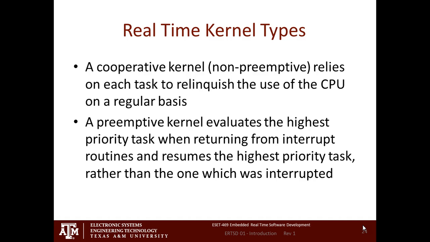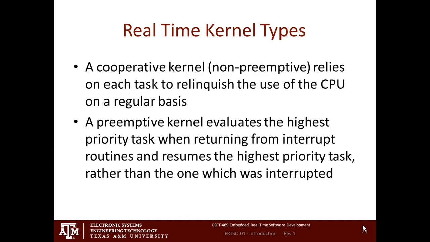What's harder to do is to write what's called a preemptive kernel. A preemptive kernel has something called a heartbeat, or SysTick in the case of the TI-RTOS, they call it. You set this SysTick to do an interrupt and return control to the kernel every so often.